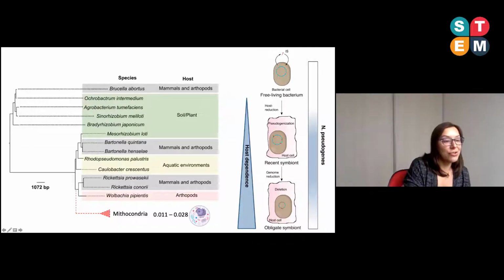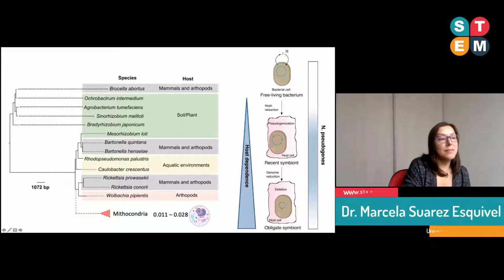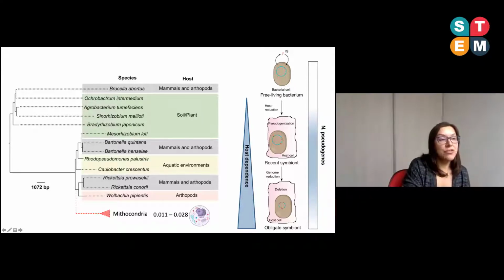And there is that relationship where the number of pseudogenes is related directly to the host dependence. So the higher the number of pseudogenes, the higher the host dependence, and the higher the possibility of becoming an obligate symbiont. So you can see here that organisms like Rickettsia or Bartonella that have a very small genome become obligate symbiont, while free-living bacterium like Bradyrhizobium or Mesorhizobium have a bigger genome.